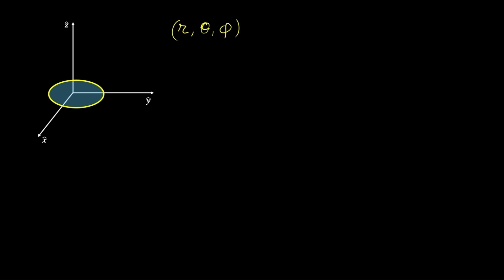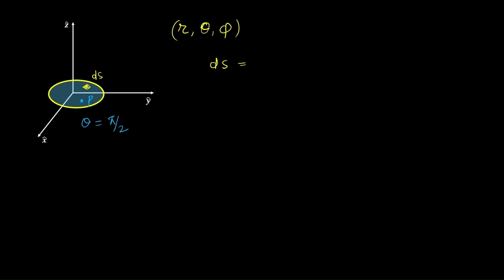Now if you take any point, let's say point P here, for this point P, you'll always find that the angle theta is equal to pi by 2. But r and phi can change. So now we have identified which variables are going to change and which is constant. So if I take a surface area element here, ds, what will be this ds?